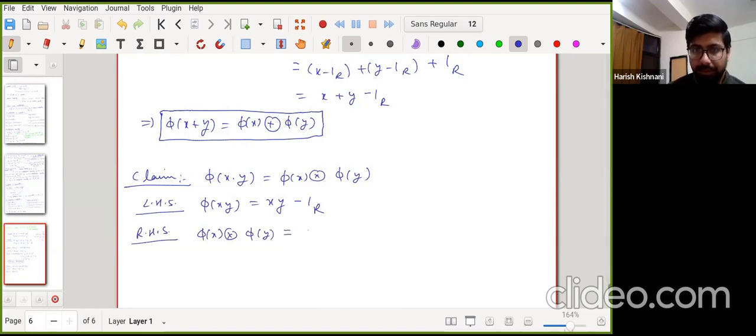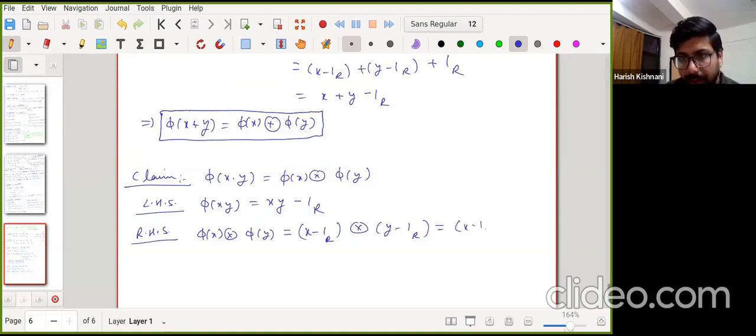What is phi of x? This is x minus IR times y minus IR, and that is, by the definition of the multiplication, A times B is AB plus A plus B. So A is x minus IR, B is y minus IR, so AB plus A plus B. Just open the first bracket.